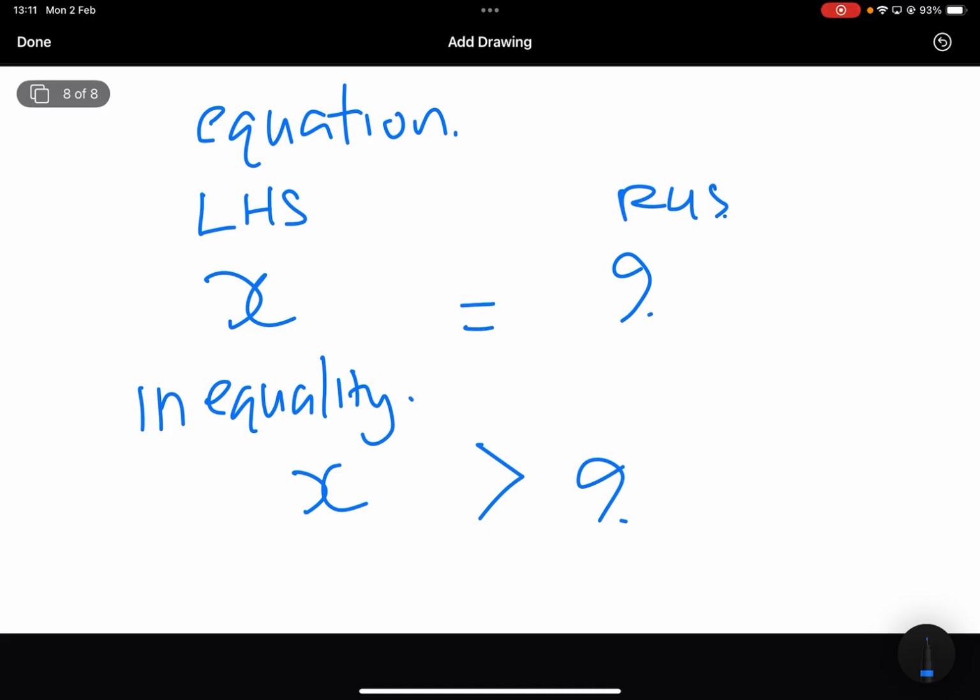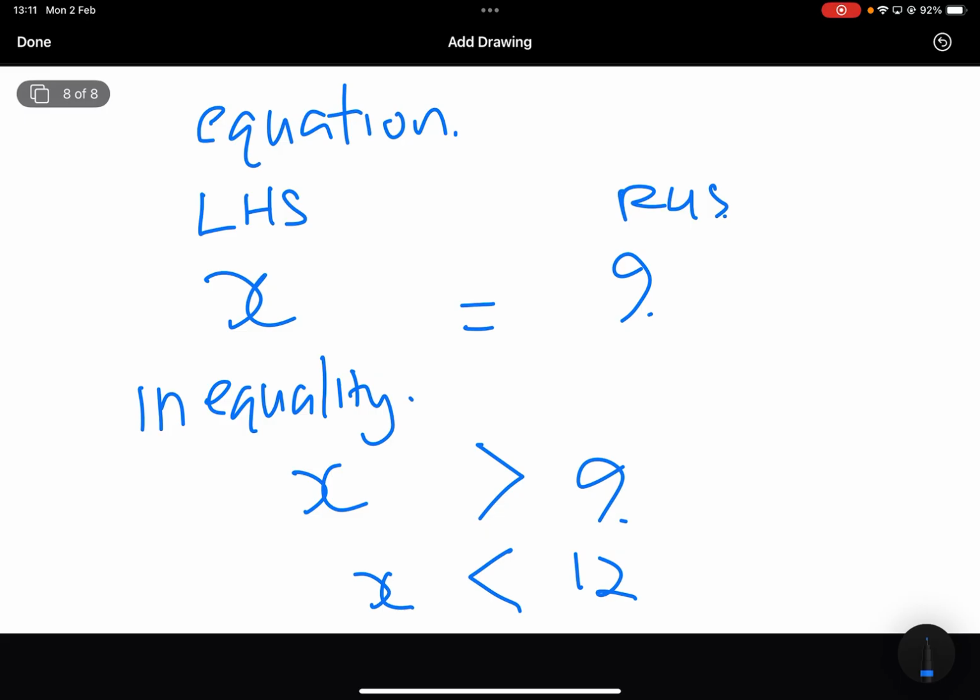So this is what this inequality is telling you. Unlike your equation, which is telling you x must be 9. There is only one possible value. But when we have an inequality, x can be 10, x can be 11, x can be 12. x can also be 9.1, 9.2, as long as it is larger. Okay? Then, we have another sign. This time round, this side is bigger and this side is smaller.